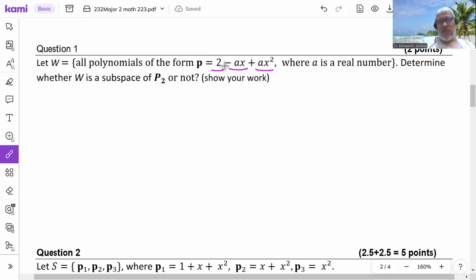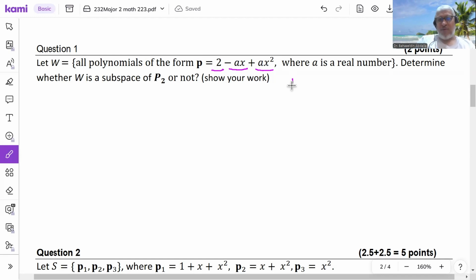If the constant term is not 2, then the polynomial is not in W. And the second thing, the coefficient of x is negative a, and the coefficient of x squared is a. So any polynomial that satisfies these conditions would be in W.